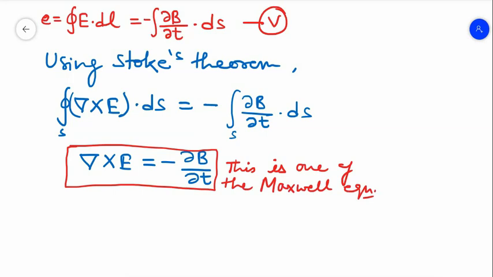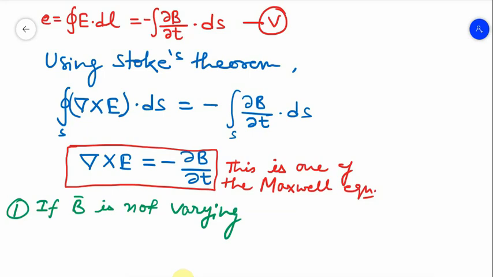Now through this some particular conditions can be derived. So special cases you can say, if B, that is magnetic flux density, is not varying with time, because this expression is showing the Maxwell equation for the time varying field.